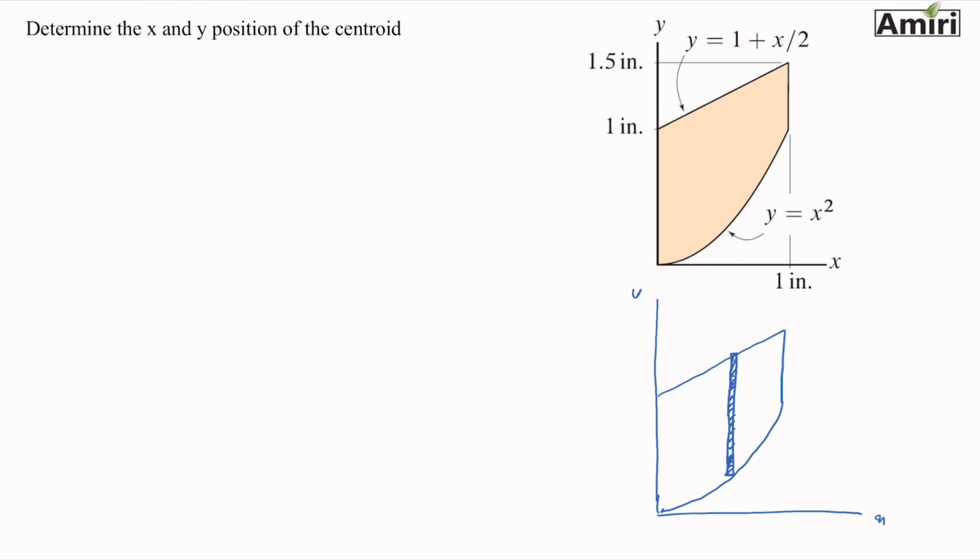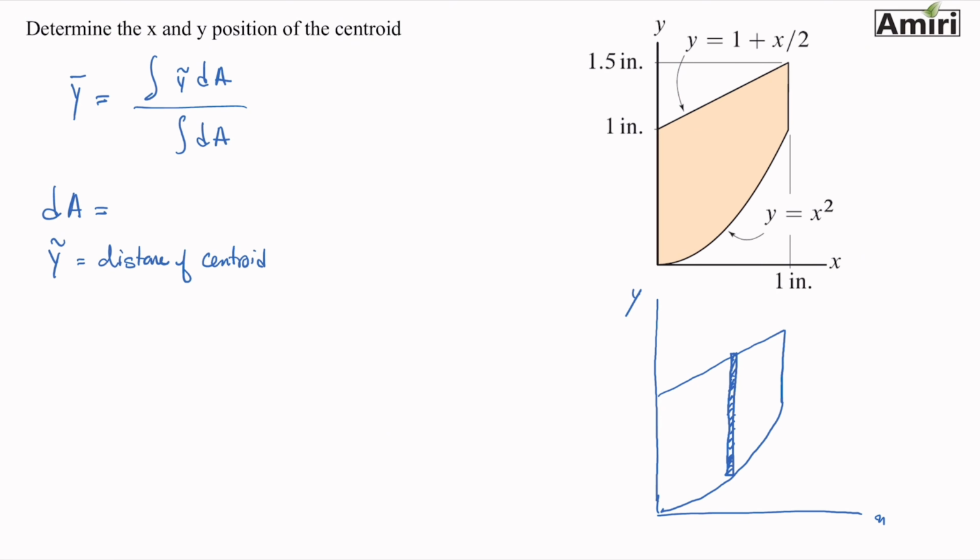Does not make any difference in your answer. So for the y, let me remind myself what I need. y tilde dA over dA. So I need a dA, and also I need a y tilde, which is distance of centroid of this dA to x-axis.